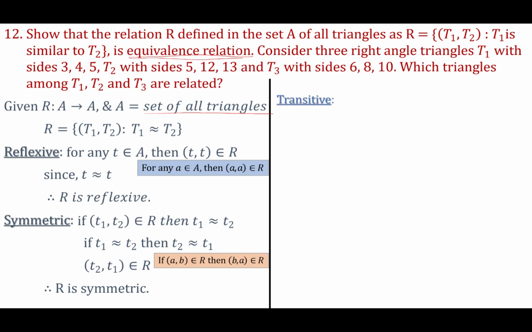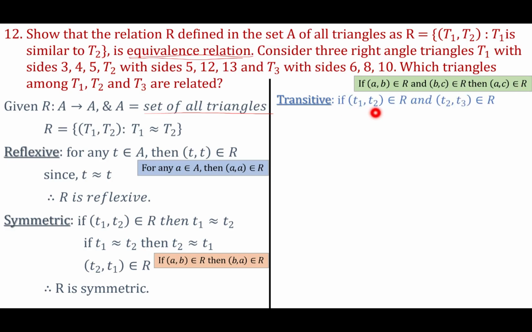Transitive. The definition of transitive says if (a, b) belongs to R and (b, c) belongs to R, then (a, c) must belong to R. If (T1, T2) belongs to R and (T2, T3) belongs to R, as per the definition of the relation, (T1, T2) belongs to R means T1 is similar to T2, and (T2, T3) belongs to R means T2 is similar to T3.